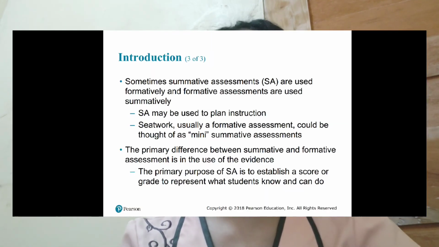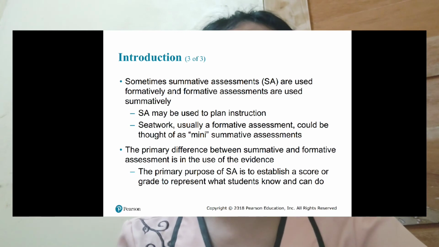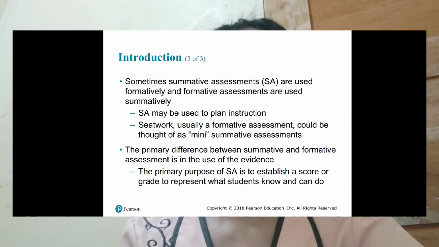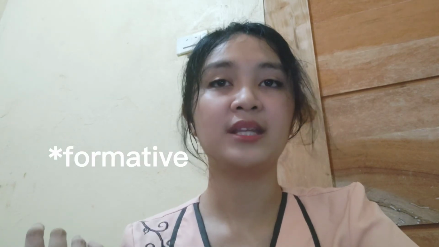The primary difference between summative and formative assessments is the use of the evidence. The primary purpose of summative assessment is to establish a score or grade to present what students know and can do, while formative assessment covers little content areas.